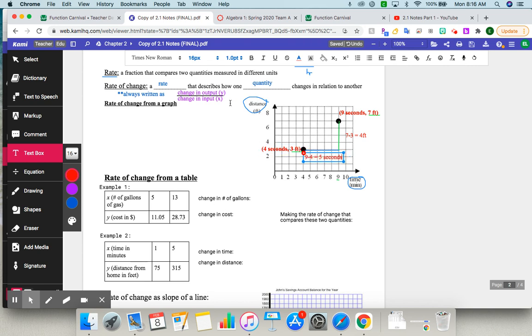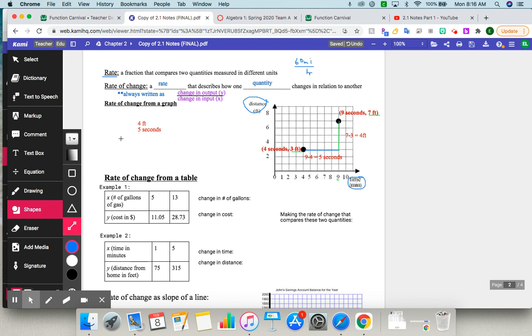So I've now found the change in the output compared to the change in the input, so I just need to write this as an actual rate. My change in my output is 4 feet. My change in my input is 5 seconds. So the rate of change in this relationship would be described as 4 feet per 5 seconds.